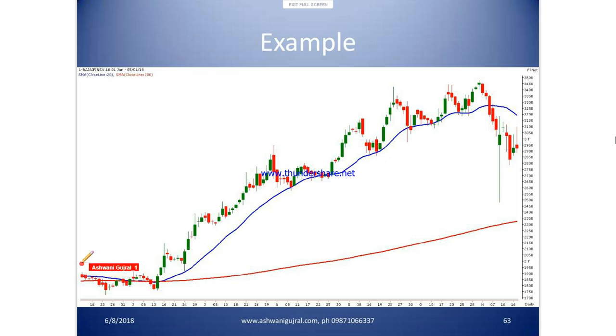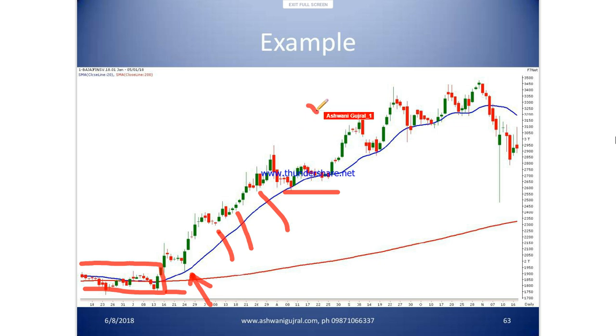So again, narrow range near 200, breakout, bears try to push it, 20 holds it, put a stop here below 200, add, each time red is in doubt, add, update stop, start taking off 25, 25, 25 and the rest.